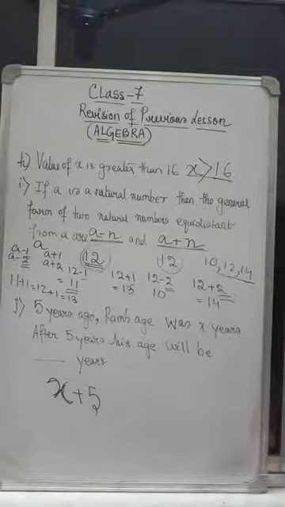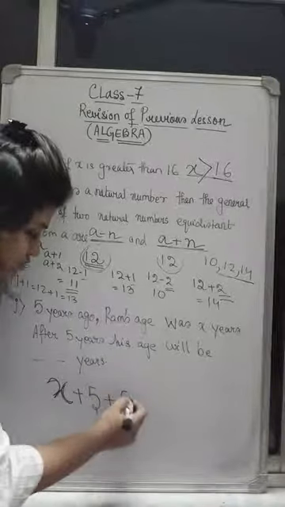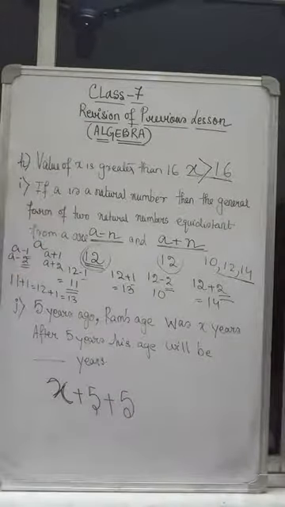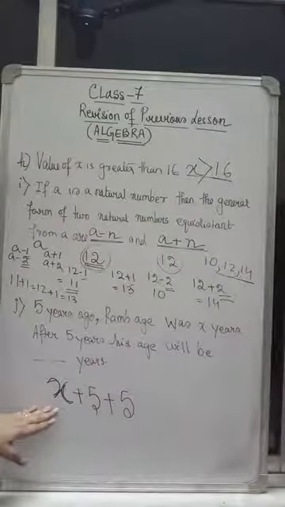And the question is, what will be his age after 5 years? So after 5 years, what will be his age from now? You need to add again 5. Explaining this once more: 5 years before, his age was X years. But now his age has increased. He is not of the same age.